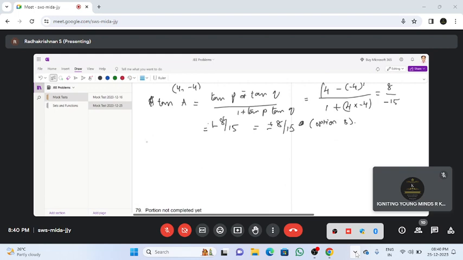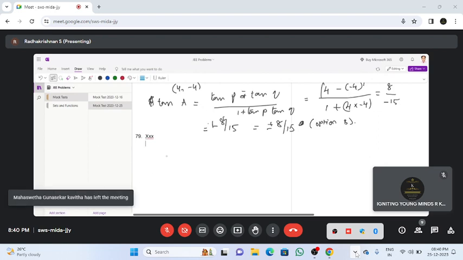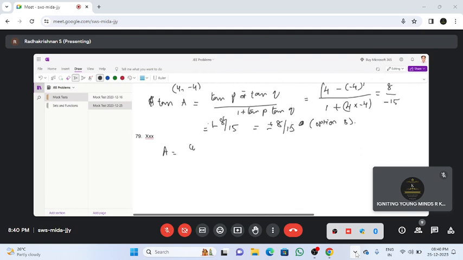Given that matrix A equal to cos theta, minus sin theta, cos theta.